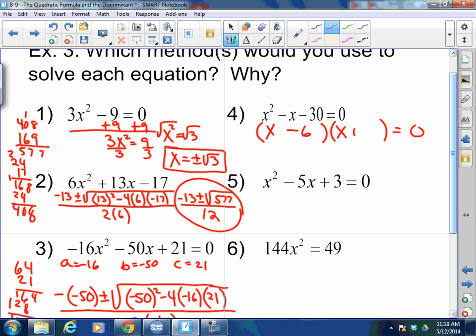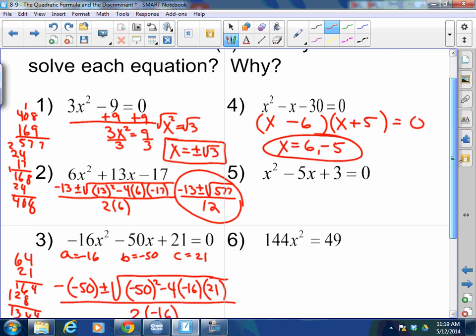Negative 6, positive 5, very good. Set both of these equal to 0, so x will equal 6 and negative 5. Bingo. If you can factor it, my friends, factor it. Because the quadratic formula is beautiful and I love it, but it's longer than just factoring it if you can.